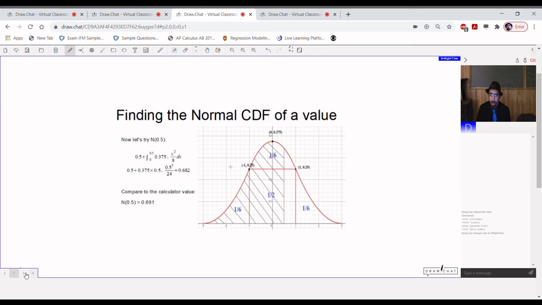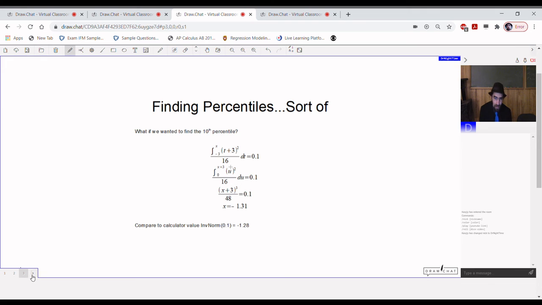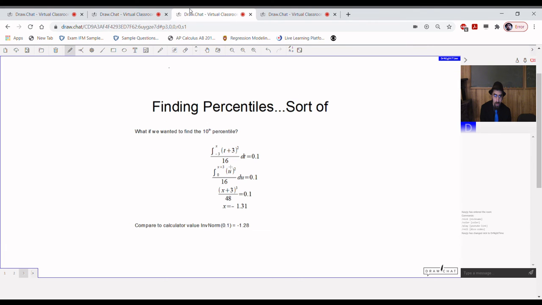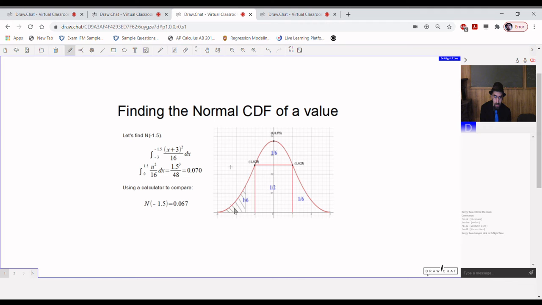The number that you would get from this would be reasonably okay, but you start losing the ability to really do it pen and paper, and I'll show you why. If we try to find percentiles, what if we want to find the 10th percentile? That's this first case here where you're in this left tail.